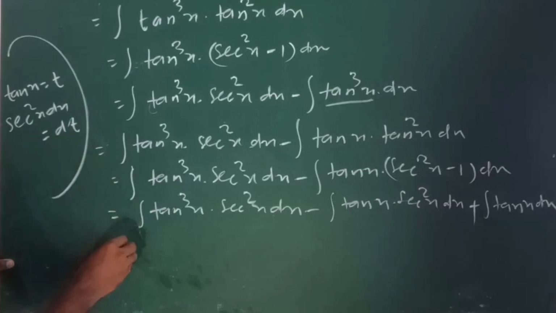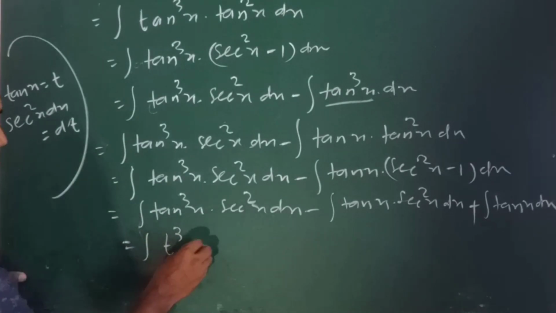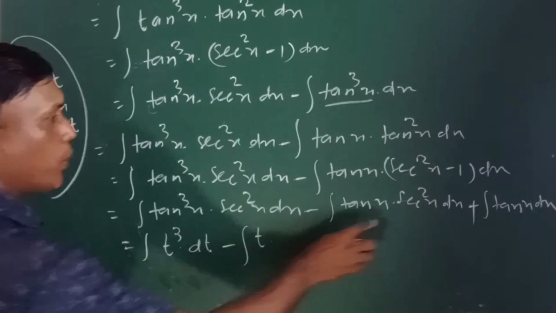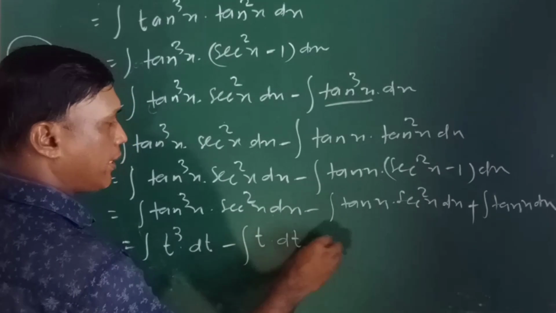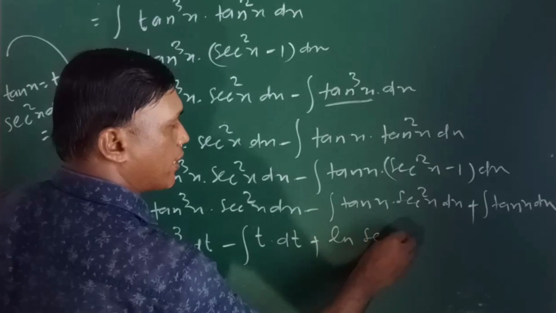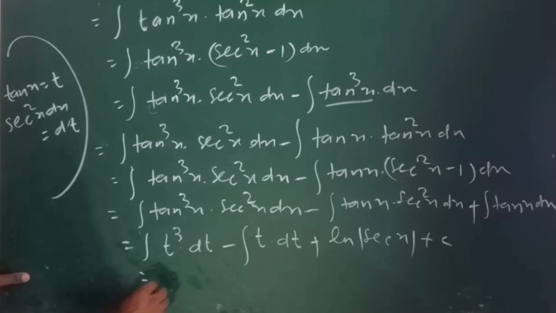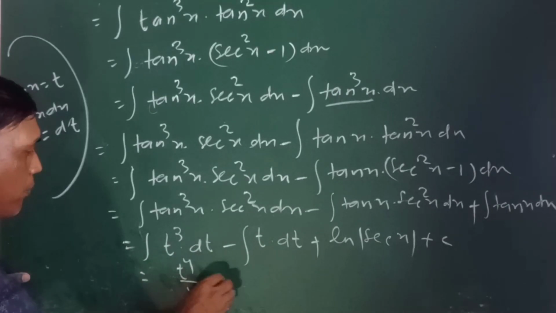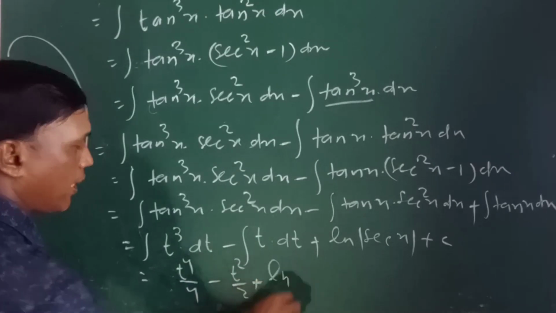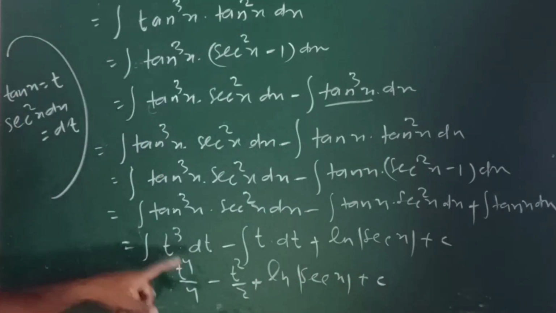So tan x equal to t means this is t cube sec square x dx is dt, minus tan x equal to t into sec square x dx is dt, plus integration of tan x is ln sec x plus c. Now integration of t cube is t to the power 4 by 4, minus integration of t is t square by 2, plus ln sec x plus c, and put t equal to tan x to get the answer.